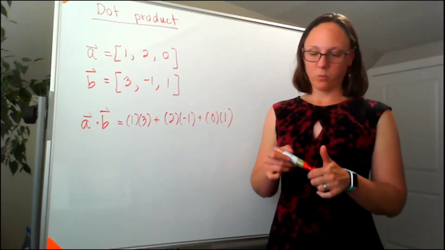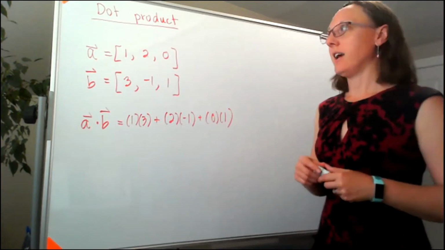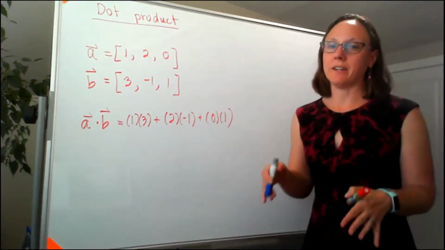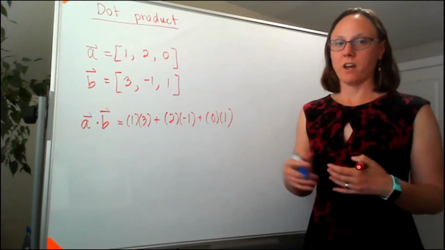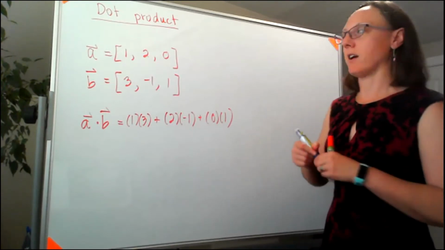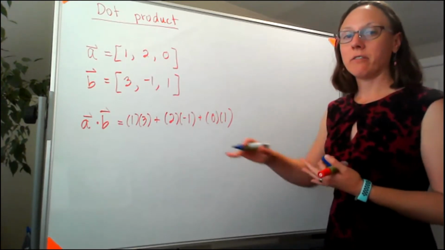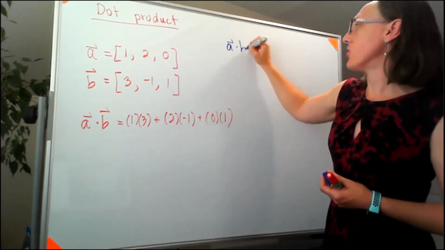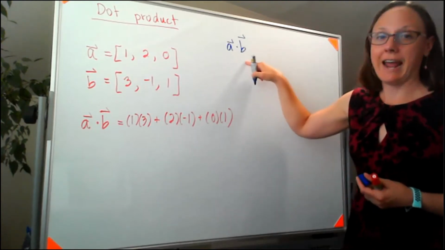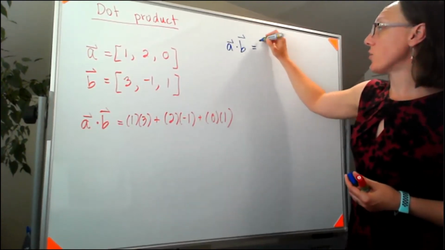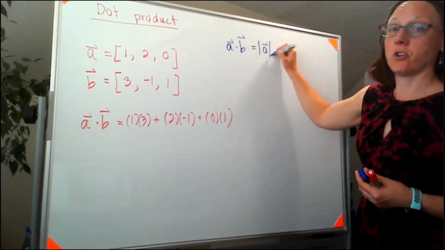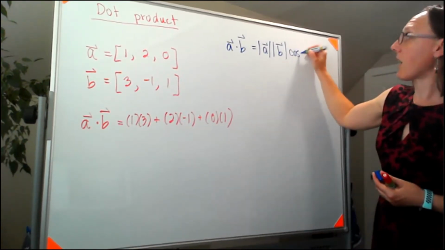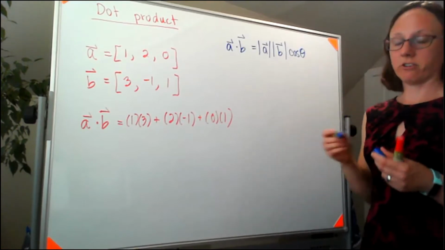One of the ways that we put meaning to dot product is through the law of cosines. You're not expected to have memorized the law of cosines or the proof of it, but one thing that comes out of it in relation to dot product is that we have a geometric formula for A dot B, which is equal to the magnitude of A times the magnitude of B times cosine of the angle between the two vectors.